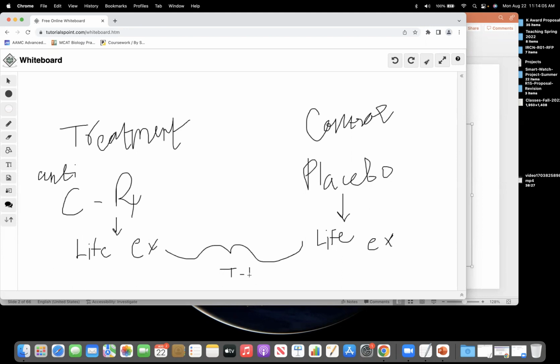And the t-test looks into the means of your life expectancies. How different are the means for life expectancies of the treatment group and the life expectancies of the control group?